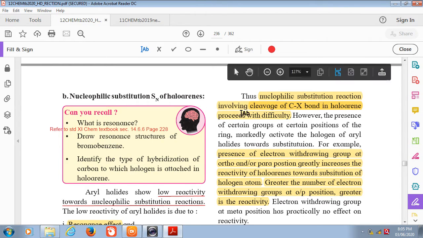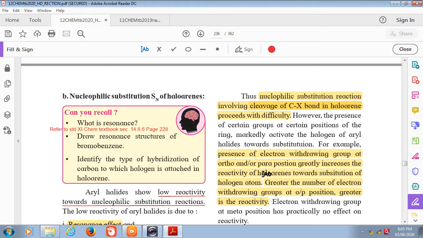In the nucleophilic substitution reaction, cleavage of the C-X bond in haloarene proceeds with difficulty. But if there are certain groups at certain positions of this benzene ring, they increase or decrease the electron density.